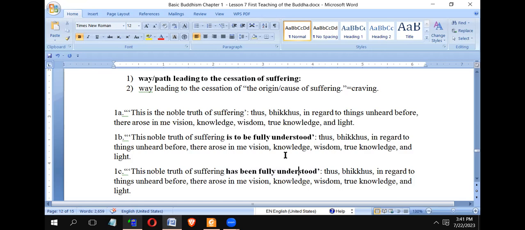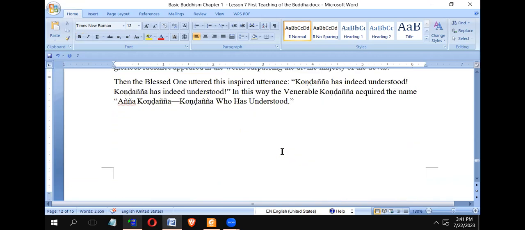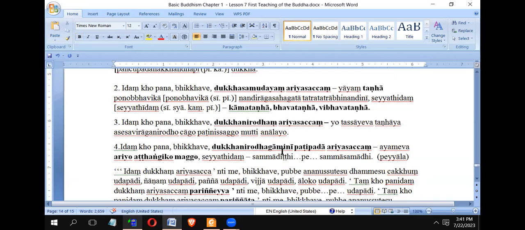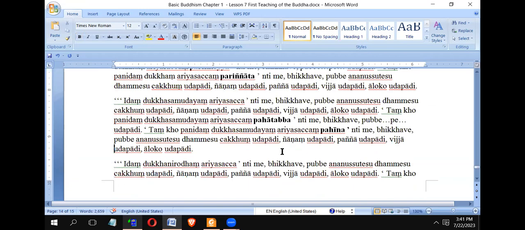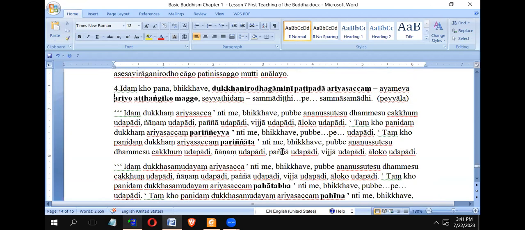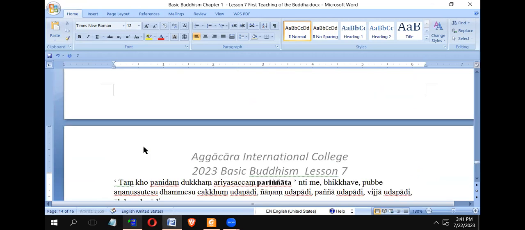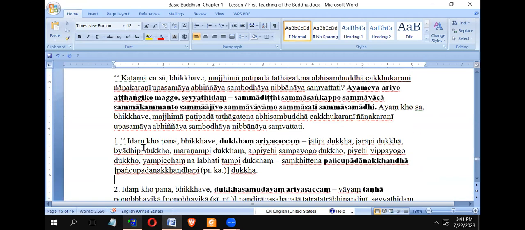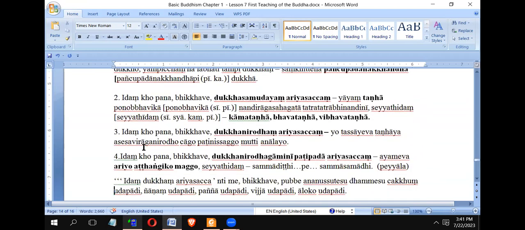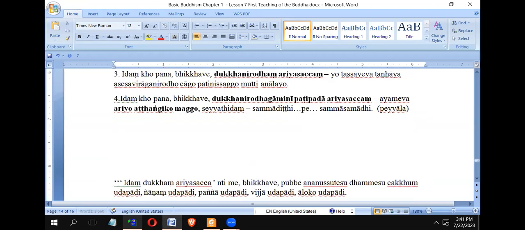Of course, if we look at the English here, we wonder what kind of English this is, right? So if we look at the Pali, it might be clearer.